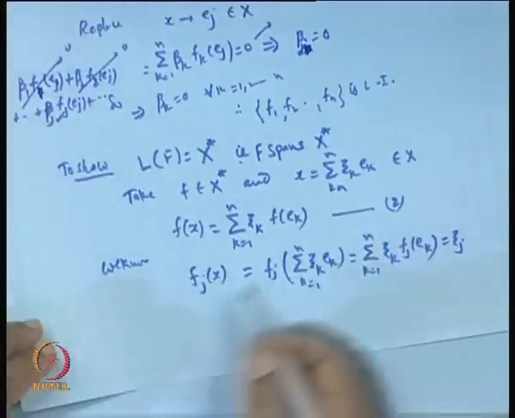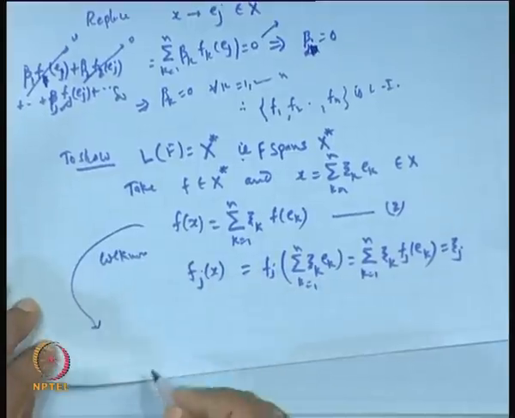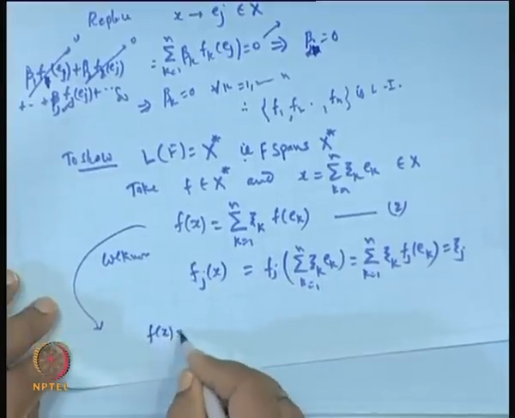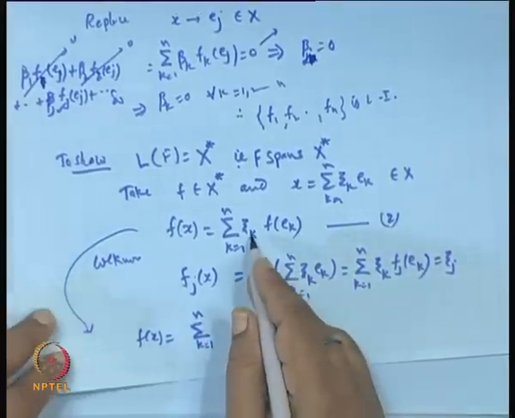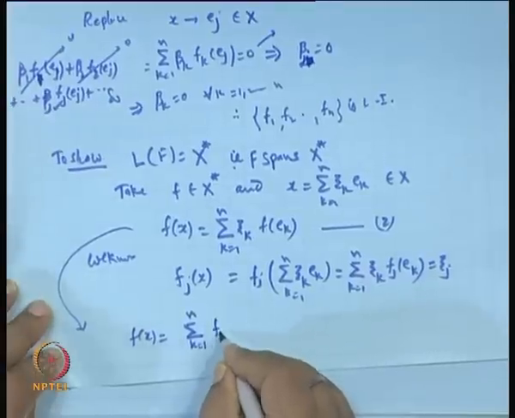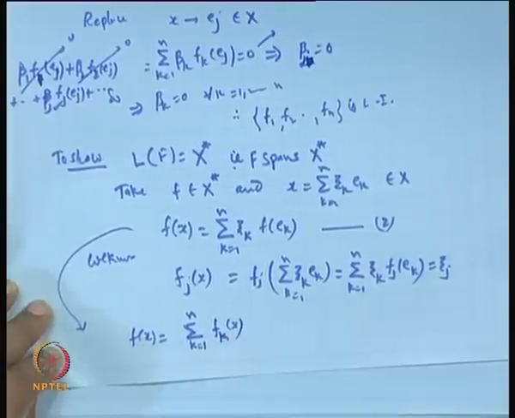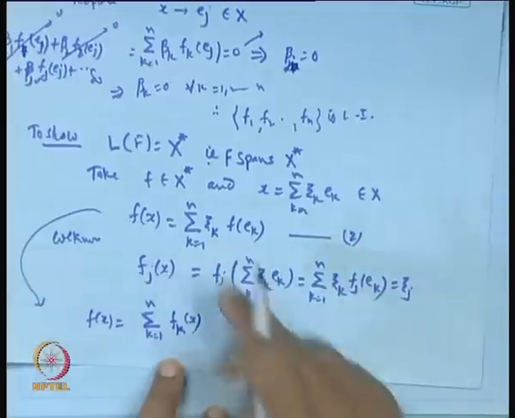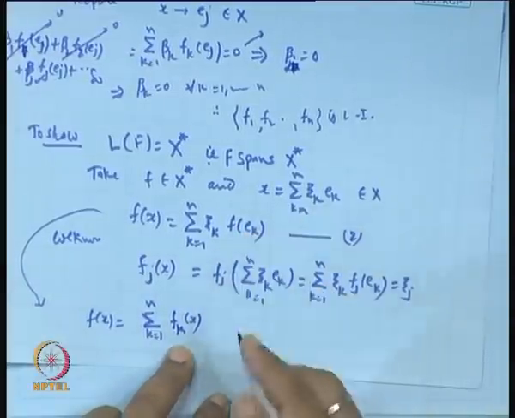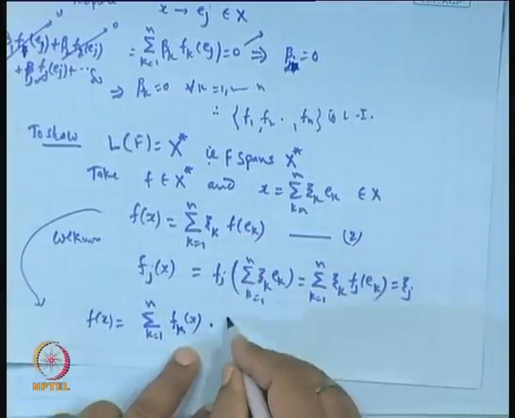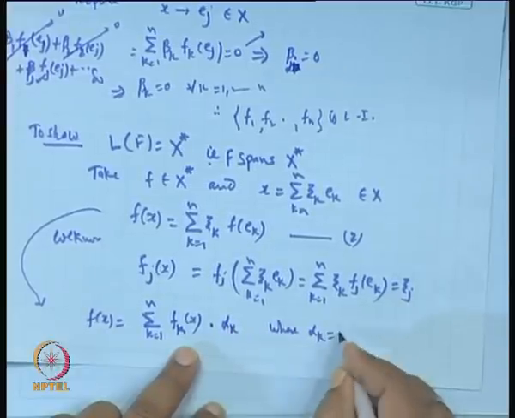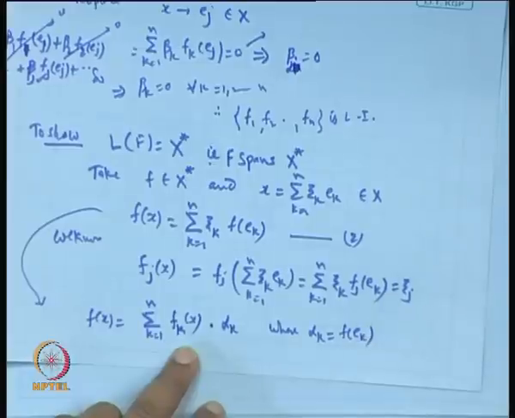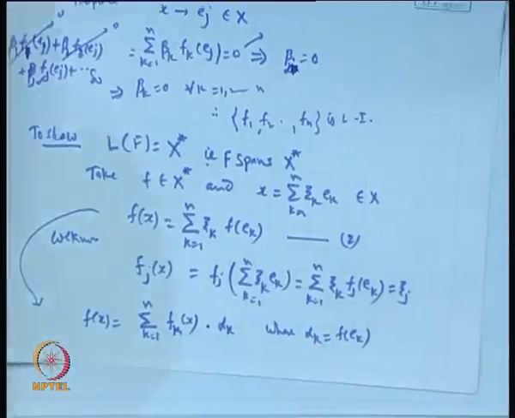Okay. So in equation 2, if I take f x, sigma k equal to 1 to n, xi k, can you not write this as f k x? And this f of e k is nothing but a constant alpha k, a scalar quantity. Clear?